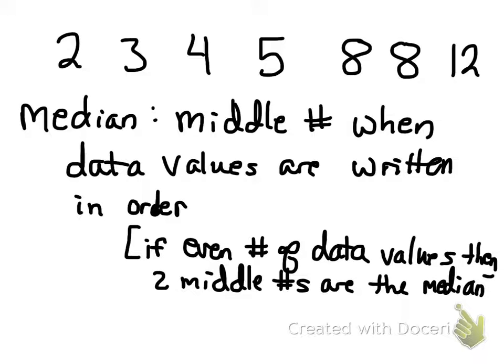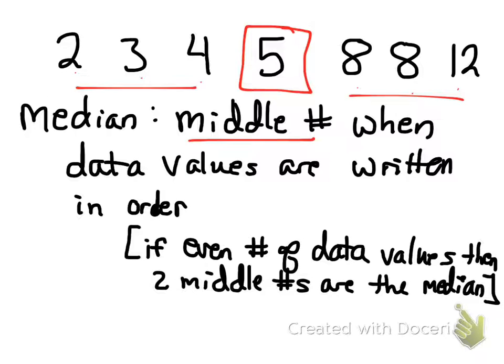So if you have an odd number of data values, your middle number is the median. So like in our set, we have 2, 3, 4, 5, 8, 8, 12. Number 5 is our median because it's in the middle, right? There's 3 numbers on both sides. 5 is in the middle because we have an odd number of values. If we had an even number of values, we would pick the 2 middle values to represent the median.